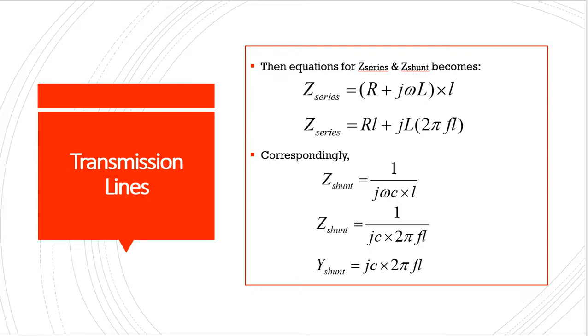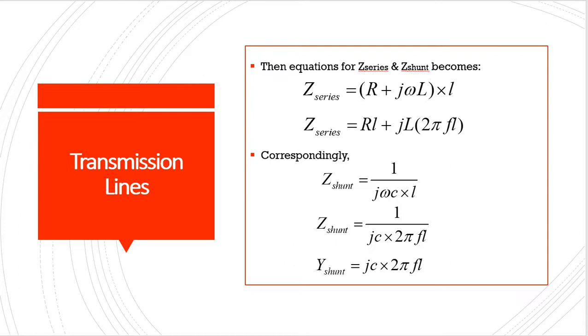For finding the Z series equations, what we will do is simply add the resistance and the reactance, right. So, in order to add them, we know that the resistance value is represented by R, whereas the reactance value across an inductor is represented by j omega L. So, I have placed these values and I have found R plus j omega L, right, as I have written inside the bracket here.